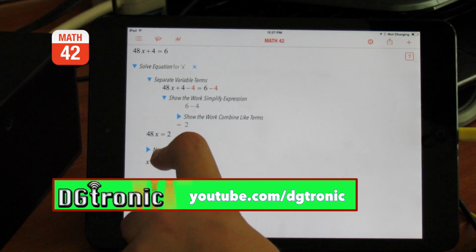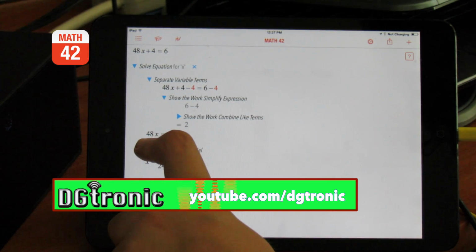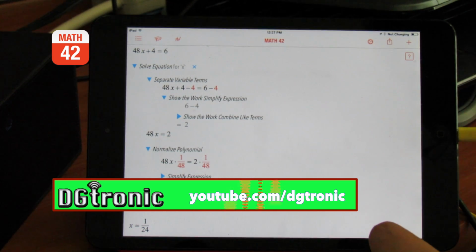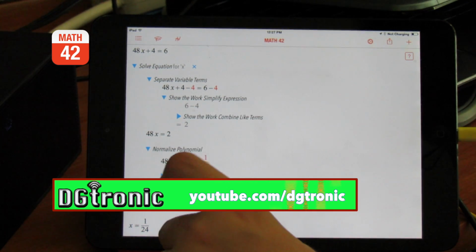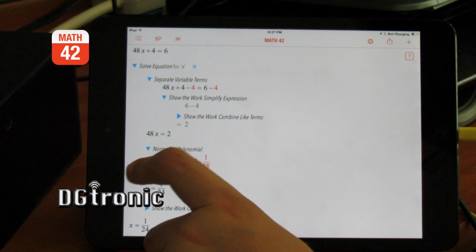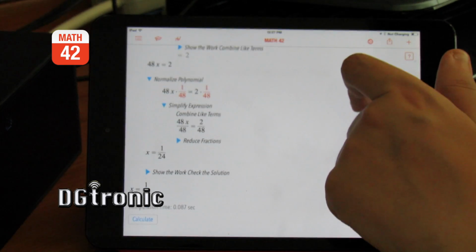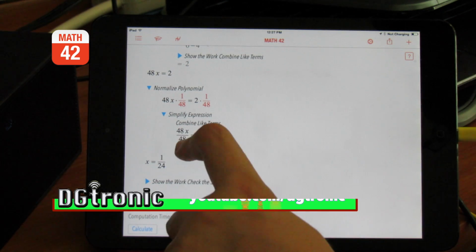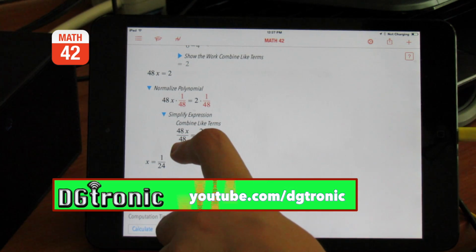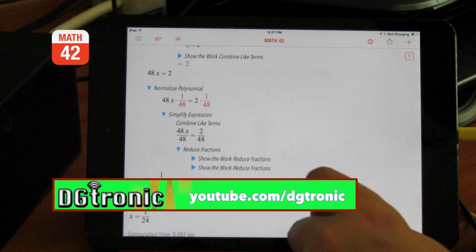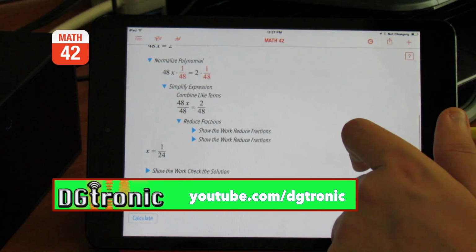You want to know how it normalizes the polynomial. You hit that down. It says simplify expression here. You want to know how it did that. You hit that down. Reduce the fractions. Like step by step, everything is shown here.